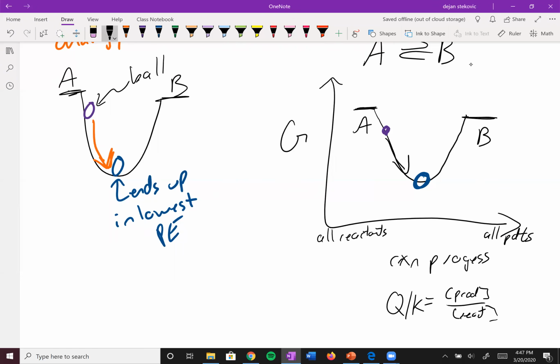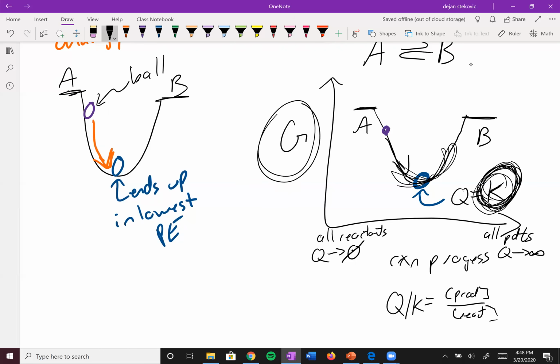And so this side is Q going towards infinity. This side is Q going towards 0. And right in the middle, right where we end up, this is where our Q is equal to K.